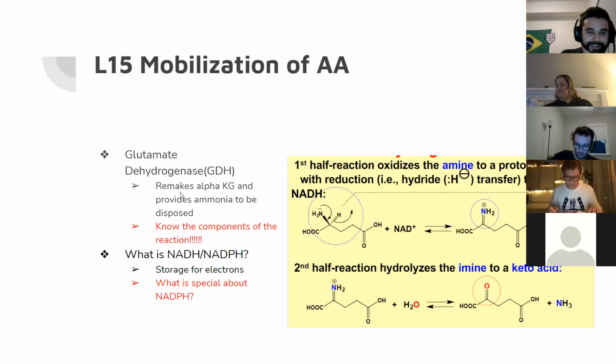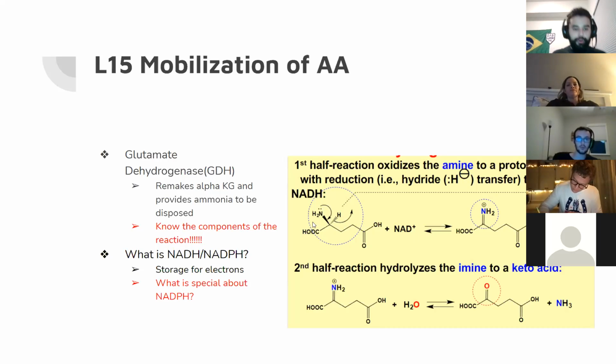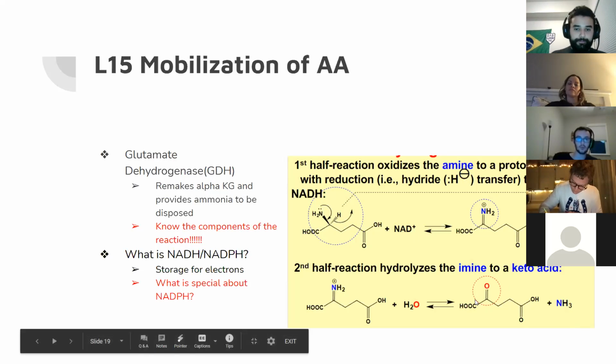So, our glutamate dehydrogenase, right? This remakes our alpha ketoglutarate and provides ammonia to be disposed. We're removing our amine group to form alpha ketoglutarate. So we're converting our glutamate into its keto acid, which is alpha ketoglutarate.